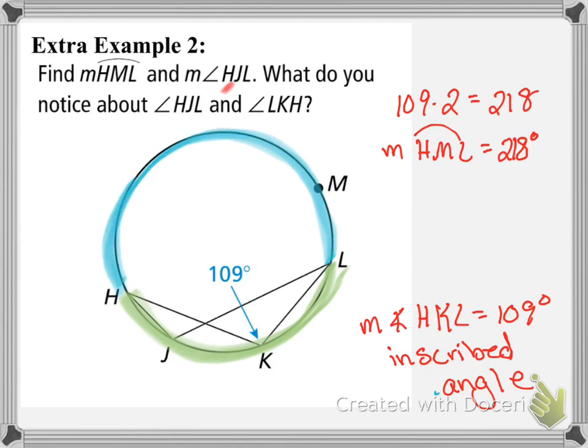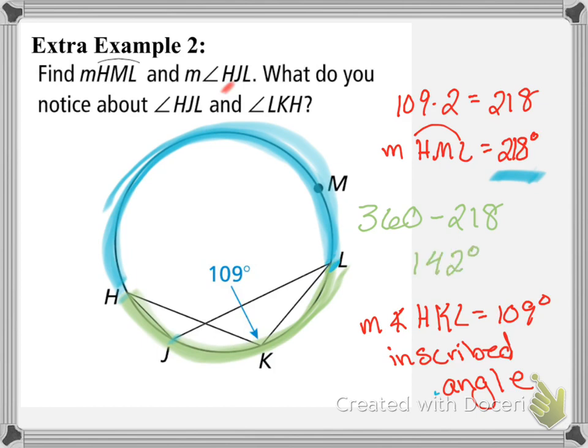If we notice, those have to make a complete circle. So if H to M to L is 218, then H to J to L has to be 360 minus that. 360 minus 218 gives me 142 degrees.